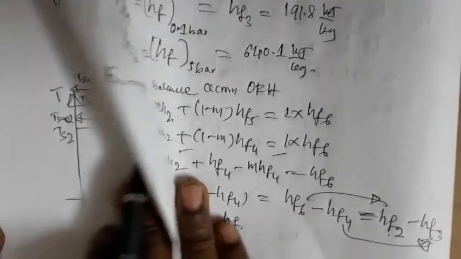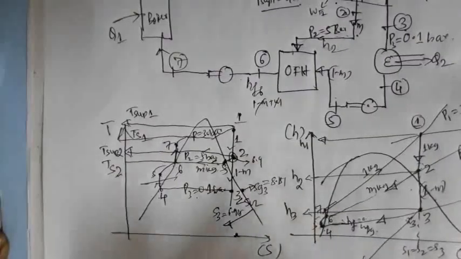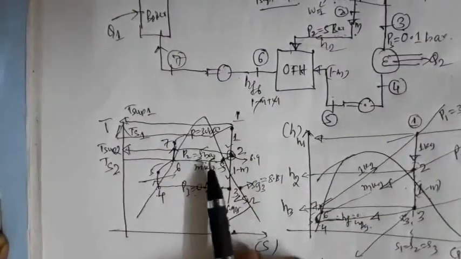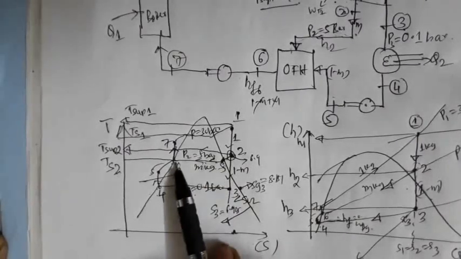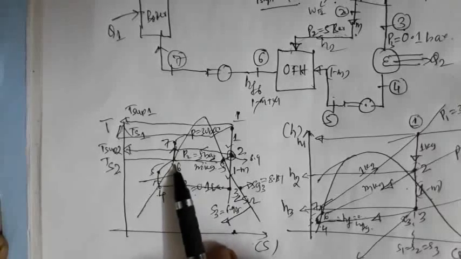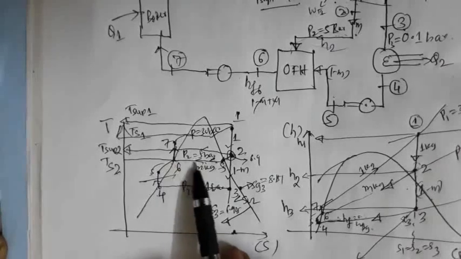HF2 is the HF value at 5 bar pressure, so from here, the HF value at state 6 and the HF value at state 2 will both be the same, because the pressure is 5 bar.